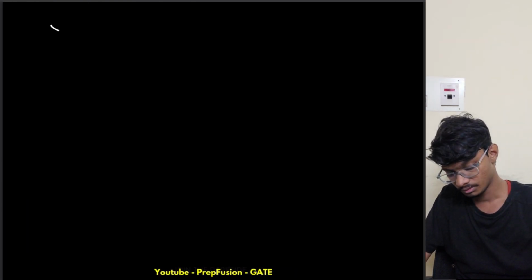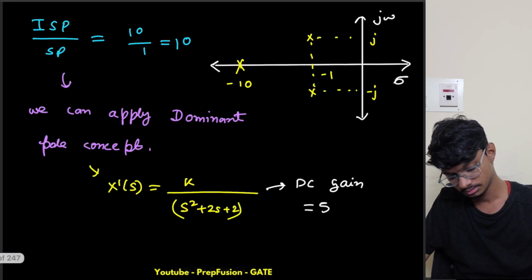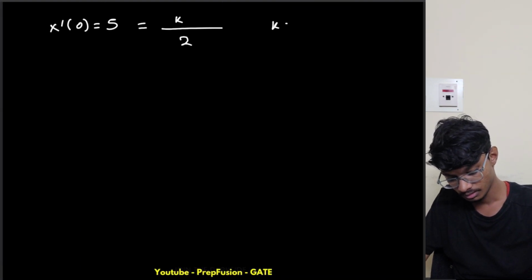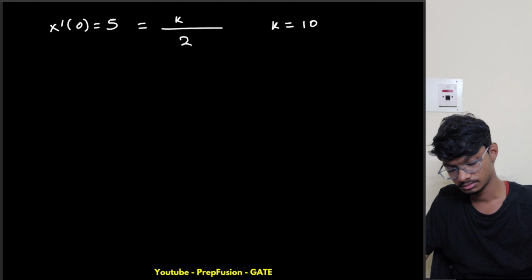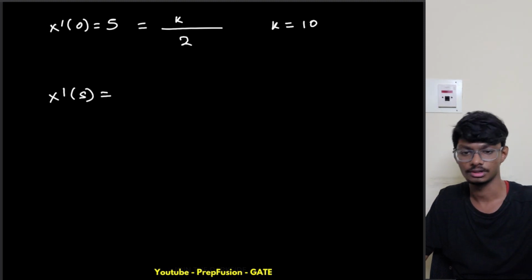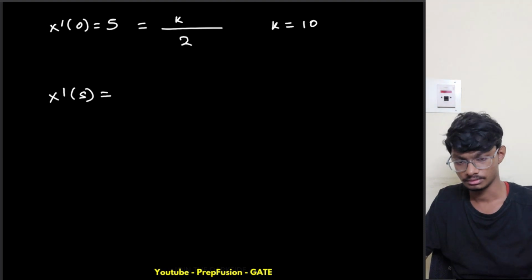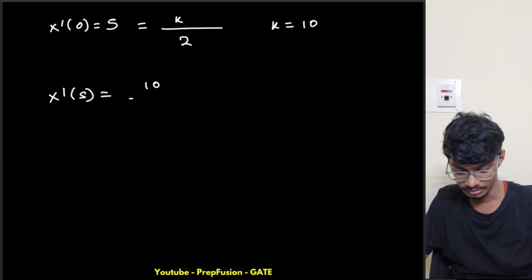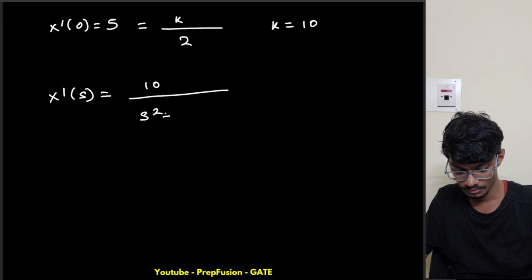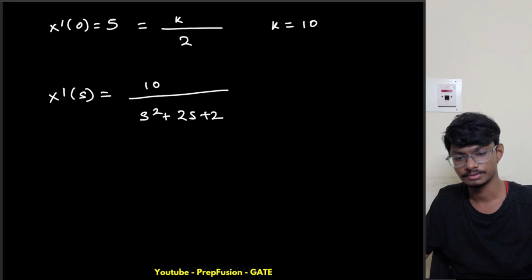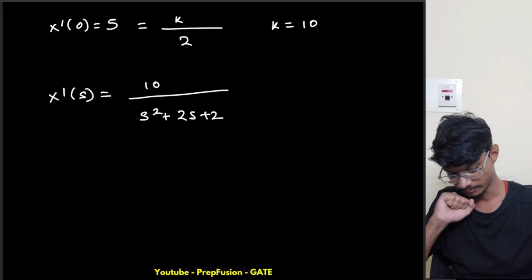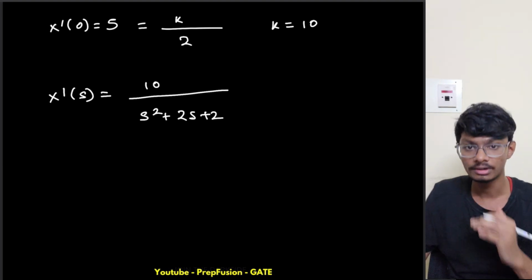So x dash of 0 should equal 5, which equals k divided by 2, so k will become 10 only, right? So our x dash of s after approximation will simply become 10 divided by s square plus 2s plus 2. Okay, so this is what it will become. So this was basically the dominant pole concept.